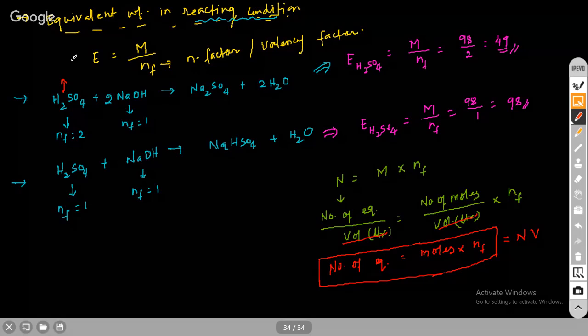Yes. Its n factor is 2, its number of moles is 1 here. So 2 into 1 is equal to 2.